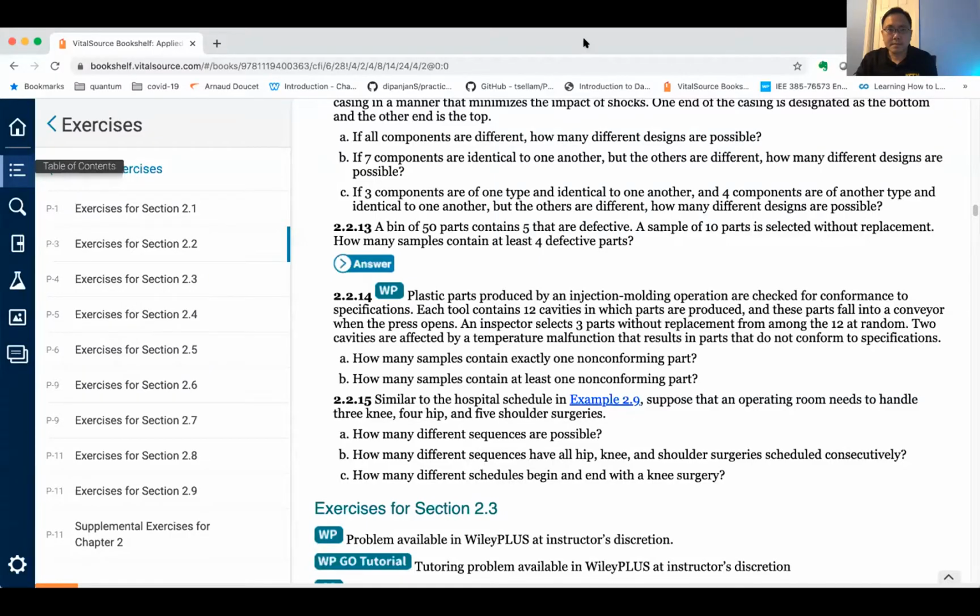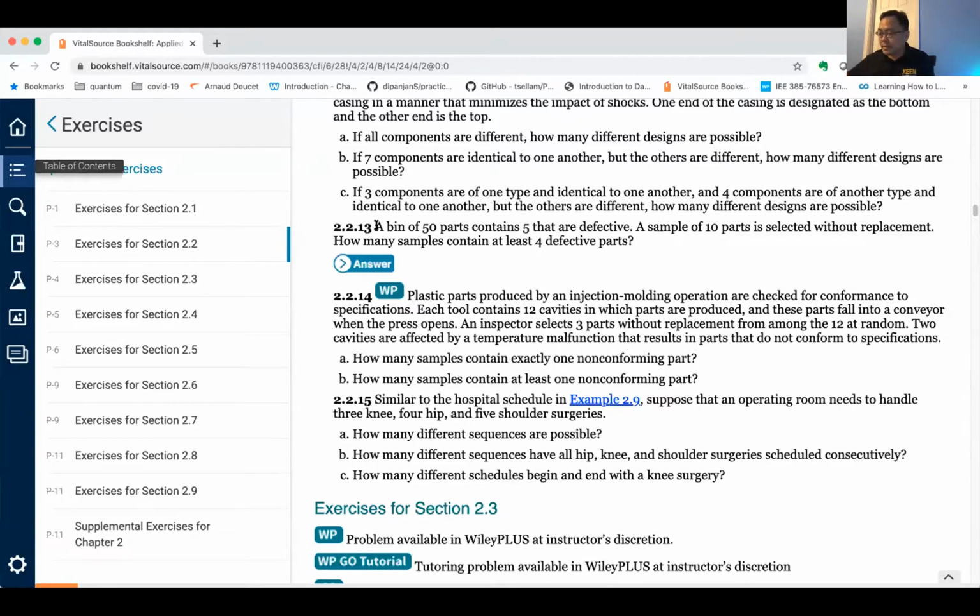So let me share my screen. Here you are. Okay. This problem, 2.2.13.